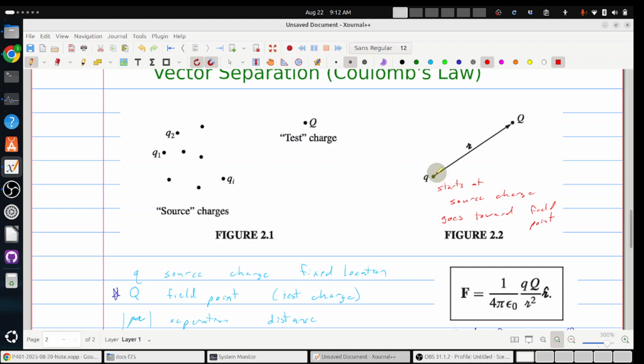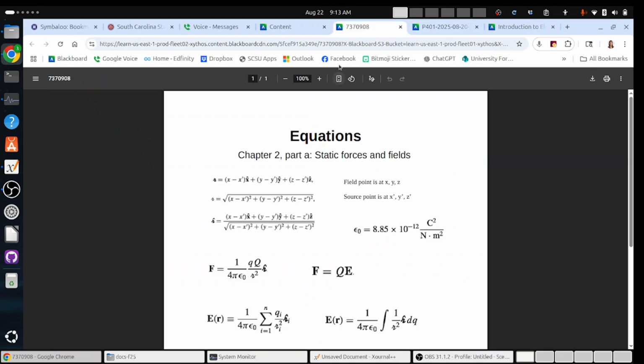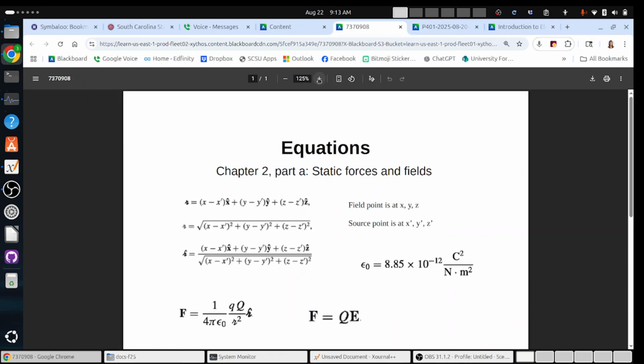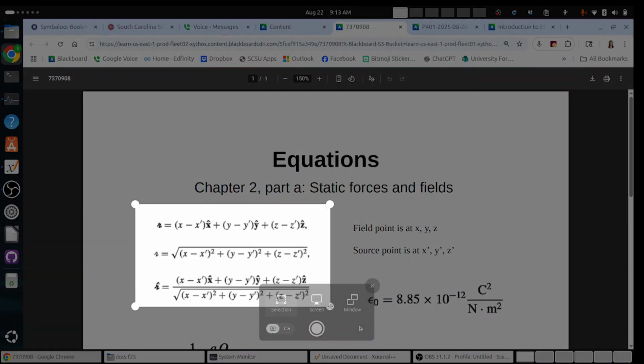Okay, so again, the source charge is over here, and that's my little q, and this is my big Q, my fixed point in space. And so the separation vector starts from here and points out to there. Okay? And then I'm going to grab from our equation sheet these equations, so we can start talking about those.